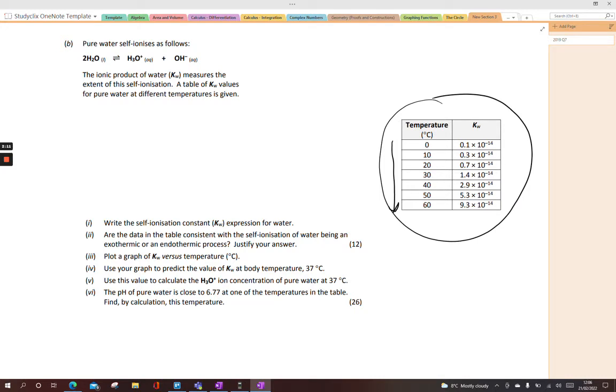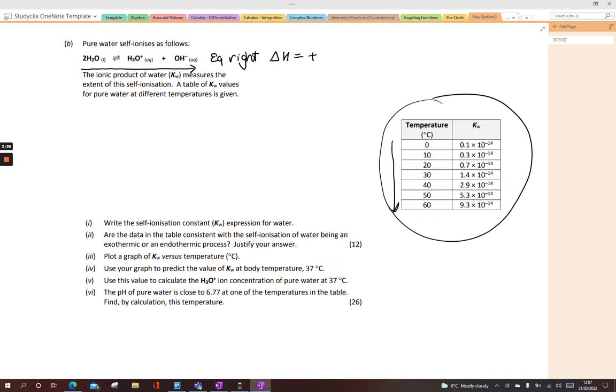So the degree water breaks down, if we increase the temperature, we're pushing that reaction to the right, going into the products. So the equilibrium shifts right when the temperature increases. And that means that this forward reaction is endothermic. And that comes up later on anyway.